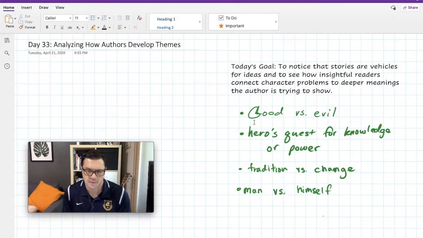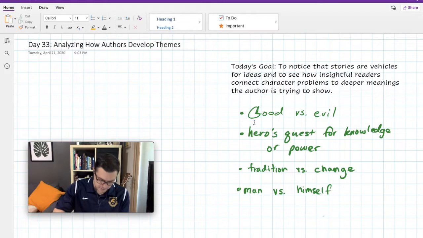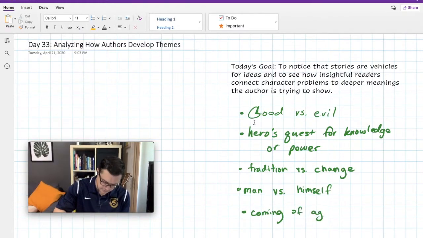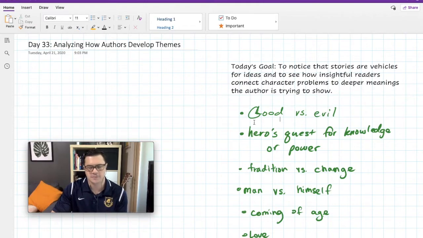So the main character versus himself or herself. And also coming of age and love. Love is another theme that comes up in fantasy as well.